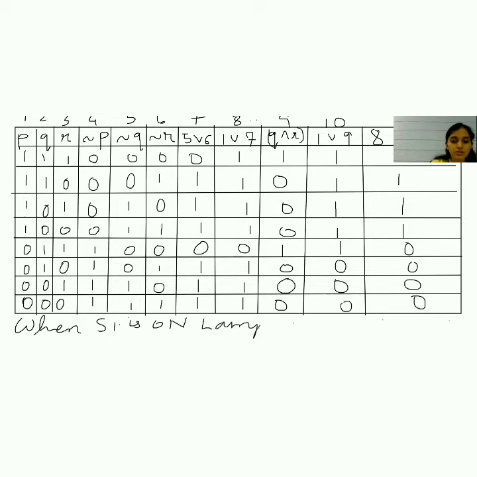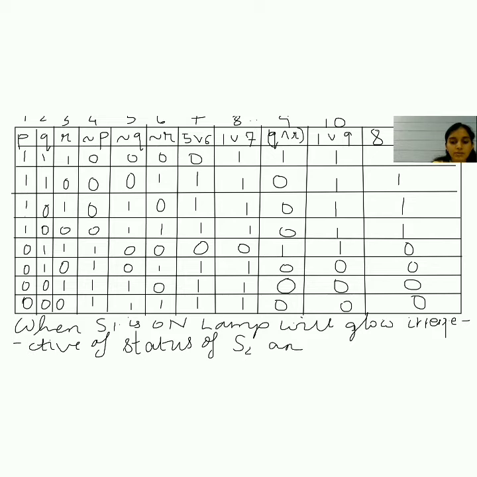Okay, you can say irrespective of status of S2 and S3. Okay, so only S1 has to remain on, then the circuit will work irrespective of S2 and S3. Okay, this is our third one.